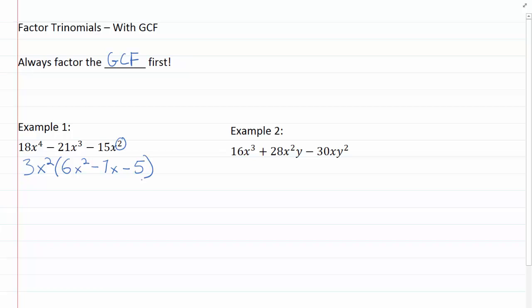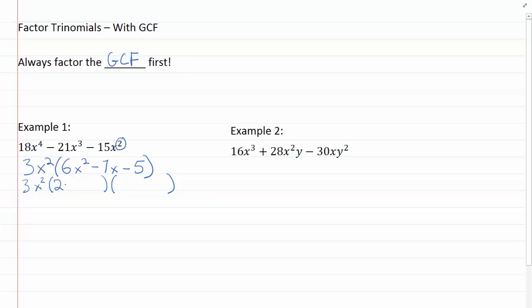Okay, so now that we've successfully pulled out our GCF, we're going to use our normal trinomial tricks to factor this 6x squared minus 7x minus 5. So we're going to keep our 3x squared out in front and form two sets of parentheses right here. And we want to try and find something that'll multiply together to give us this 6x squared.